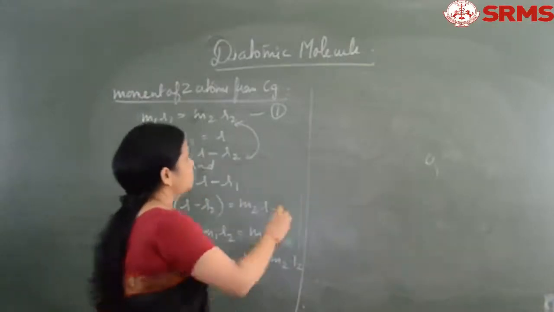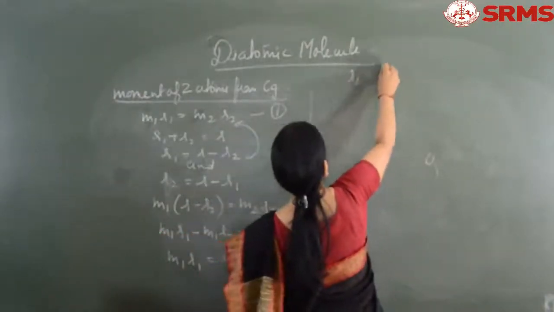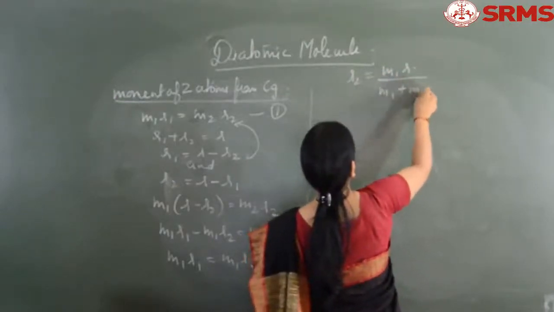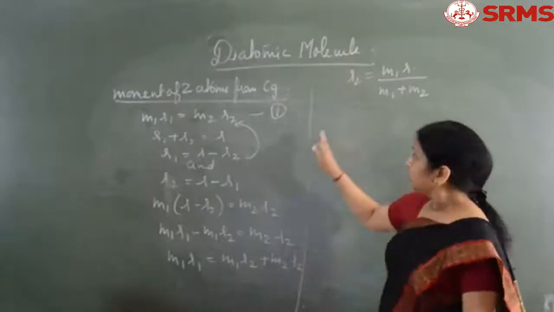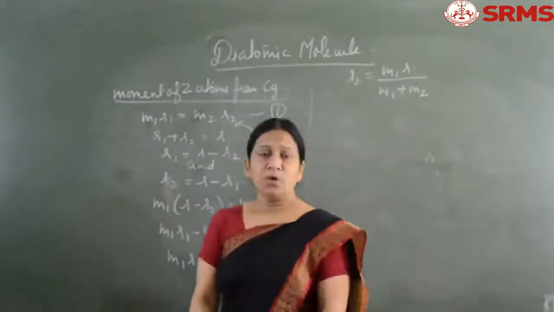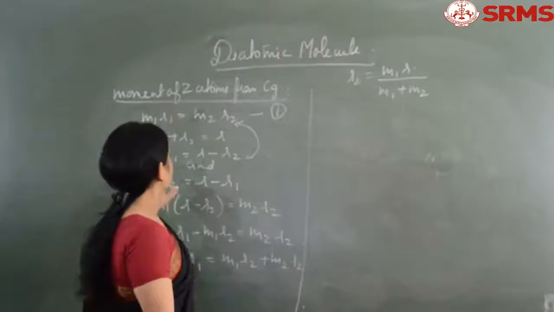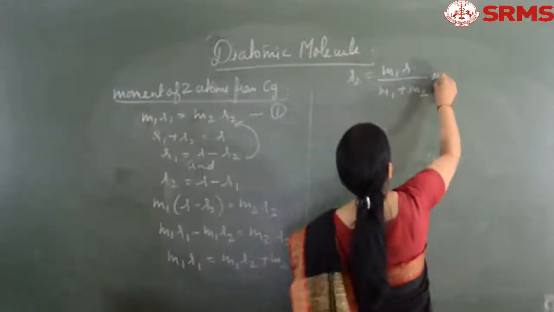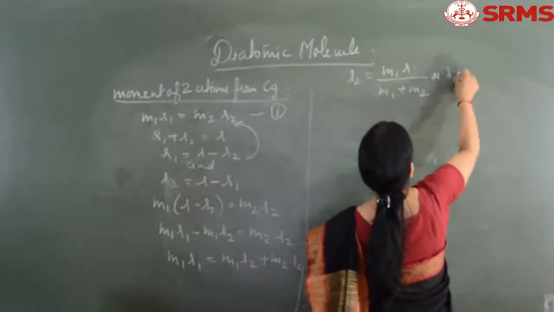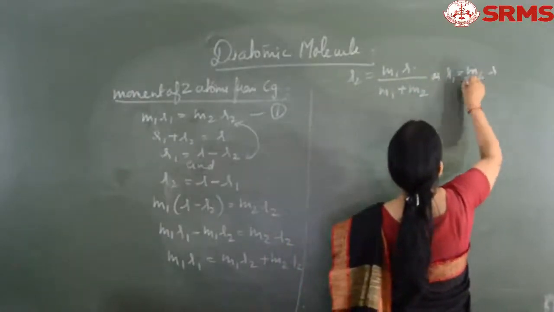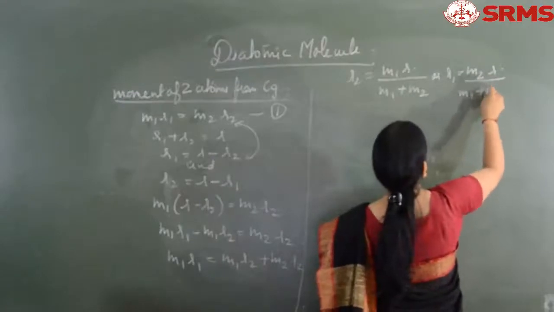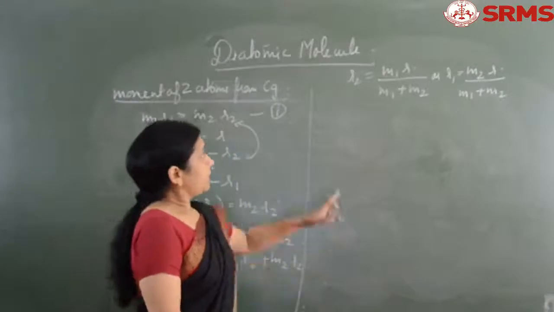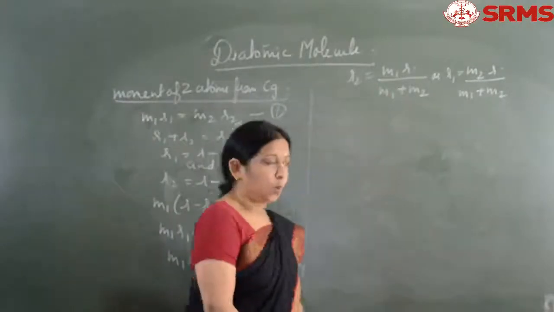So here r2 can be written as m1 r over m1 plus m2. Similarly, we can get the value of r1, which is m2 r over m1 plus m2. So this is how we have calculated the value of r2 and r1.